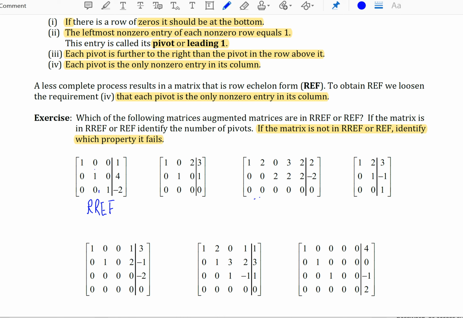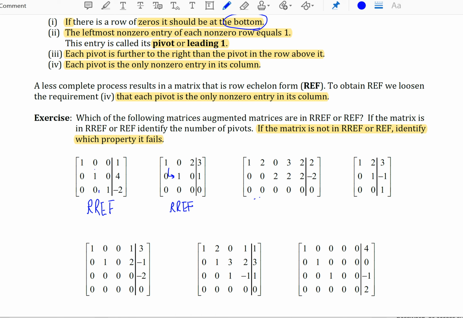This one, also RREF. Remember, if there's a row of zeros, the zeros have to be at the bottom. Each pivot is down and to the right from the pivot above it. Each pivot is the only non-zero entry in that column.